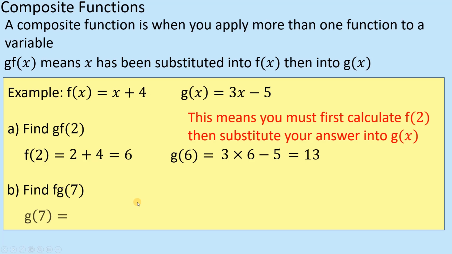So for g of 7, we've got 3 times the 7 take away 5, which is going to give me 16. That's g of 7. We're now going to put that 16 into f. So f of 16 is equal to 16 plus 4, which is going to give me 20.